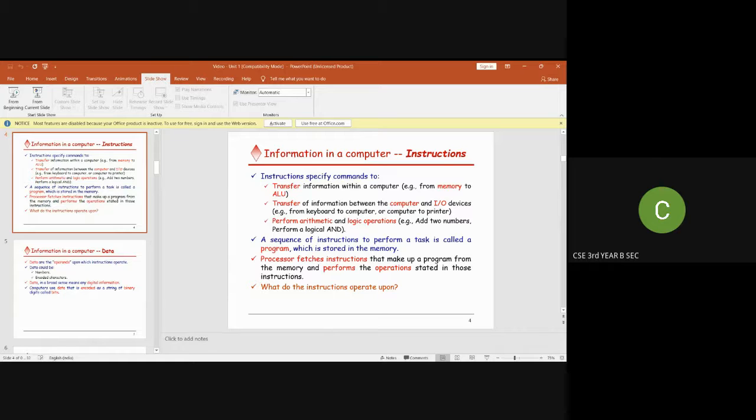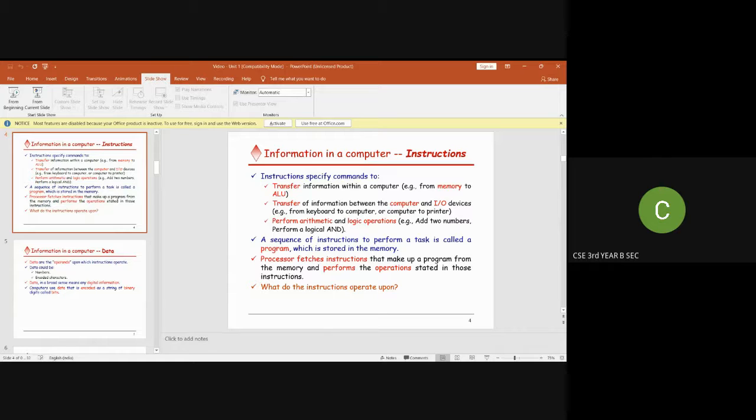In order to do any operation on the ALU, the instruction must be fetched from the memory, because the ALU doesn't know what is to be done with the input data. What operation we have to perform on the input data is given by the instructions. So based on the instructions, the ALU performs the operations on the input data.